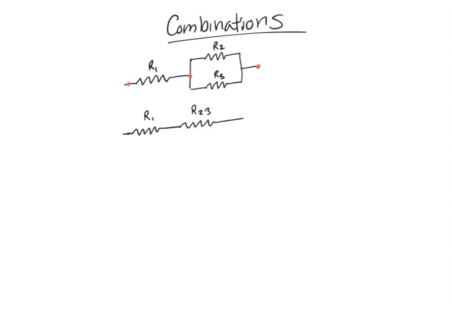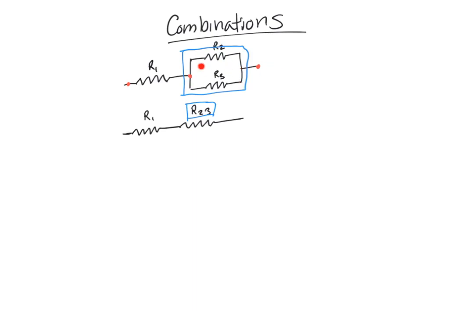So if I take this whole branch here and I replace it with a single resistance, R23, the equivalent resistance of this branch, then this whole section is in series with R1 because whatever current goes through R1, whatever current leaves R1, while it will split right here, in the end, it all does still have to leave this section.